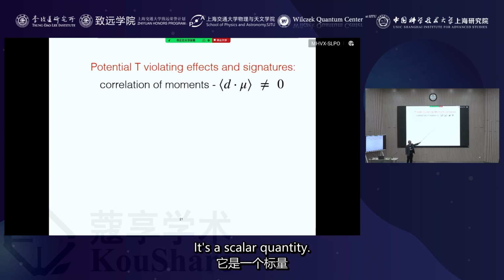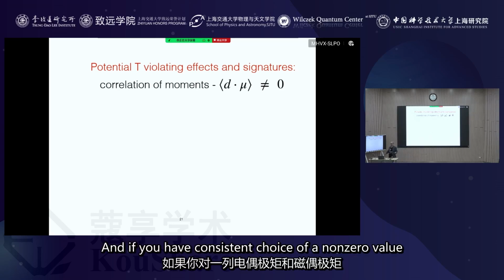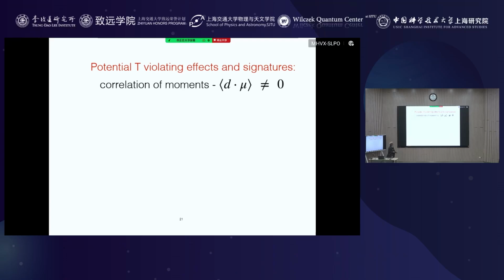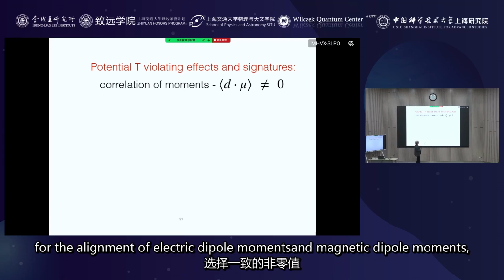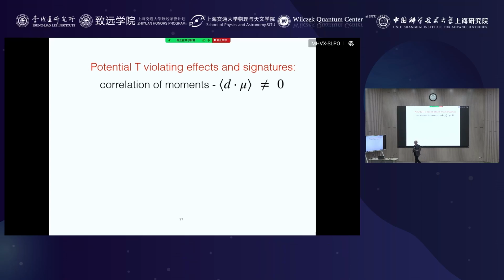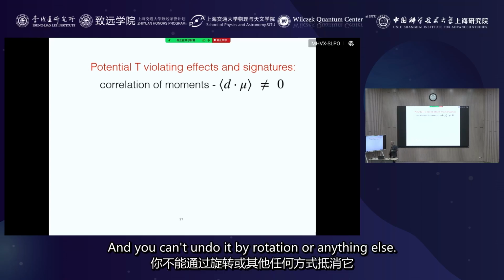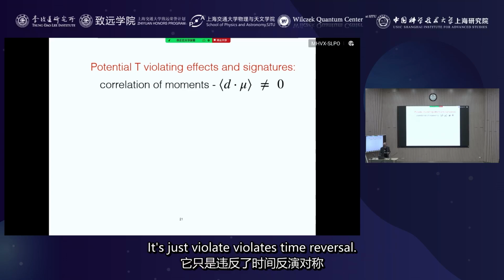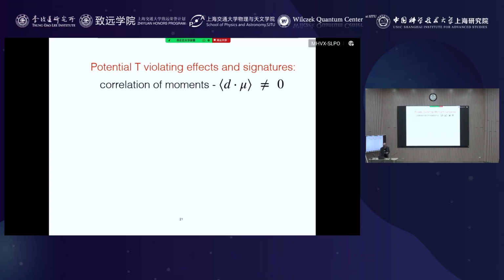It's a scalar quantity, and if you have a consistent choice of a non-zero value for the alignment of electric dipole moments and magnetic dipole moments, that violates time reversal symmetry. Okay, and you can't undo it by rotations or anything else. It really just violates time reversal.